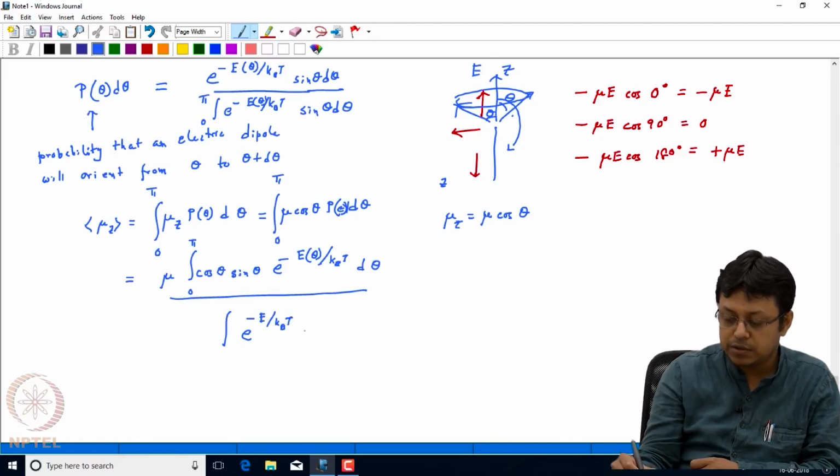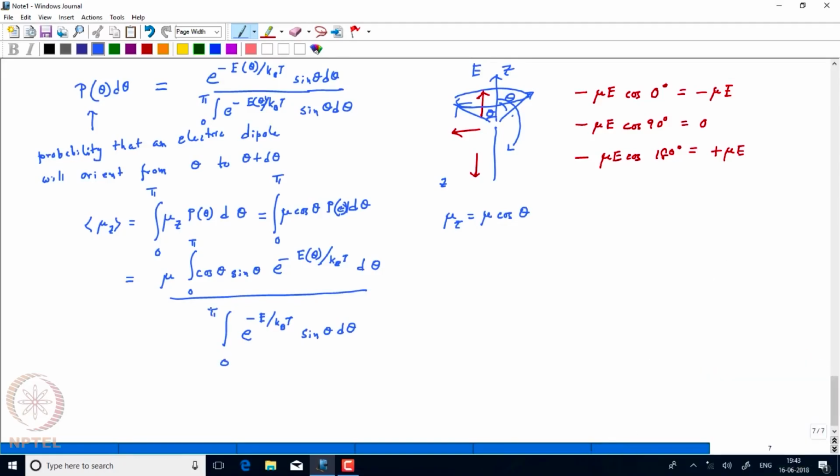So that's the normalization factor, sine theta d theta, theta going from 0 to pi. That will be the overall value. Now you can actually integrate it, but I will not do this integration right now.